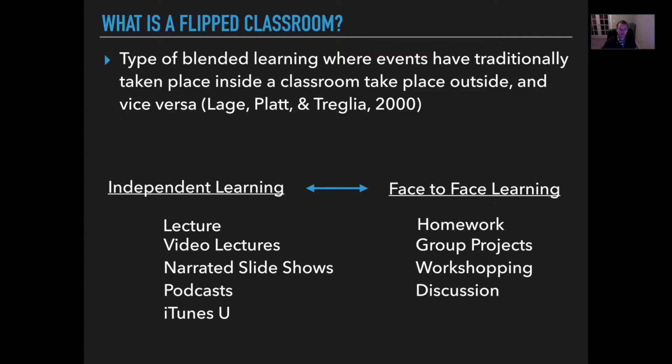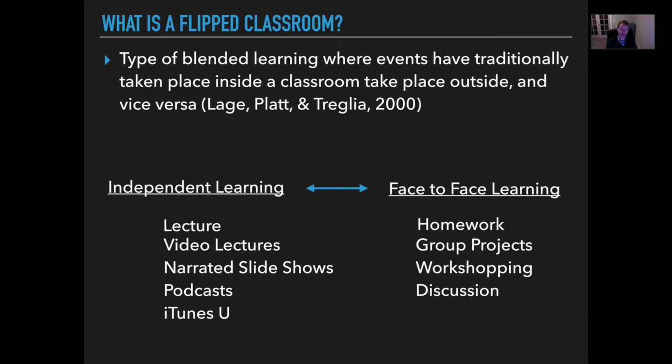Whatever the mechanism, the idea is that we ask students to try and learn the material on their own before class, and then we have them bring that information to class where we do our face-to-face learning. So in this flipped model, we use the time in class to do homework, or is probably more appropriately named, workshopping or in-class work.